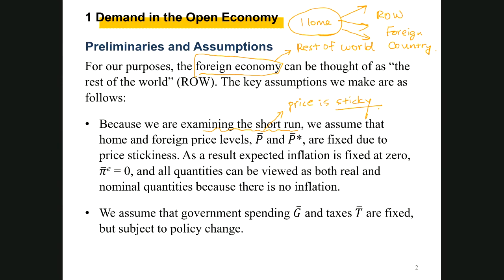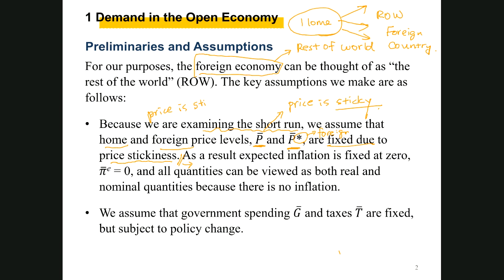Okay, so now we assume the home and foreign price levels, P bar and P star (star means foreign), are fixed due to price stickiness. This is a very conventional assumption in macroeconomics.